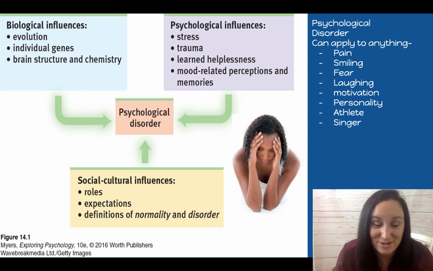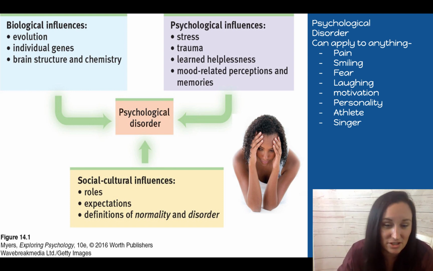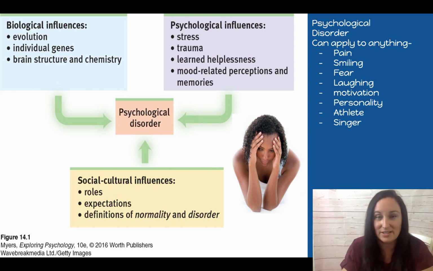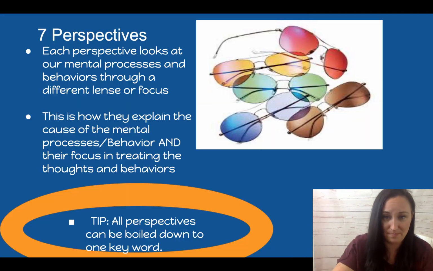And then finally, sociocultural factors, so the roles and expectations that they have to meet, what is the expectation of them in society, and what does society teach them about how they feel. So all of these kind of go into play.